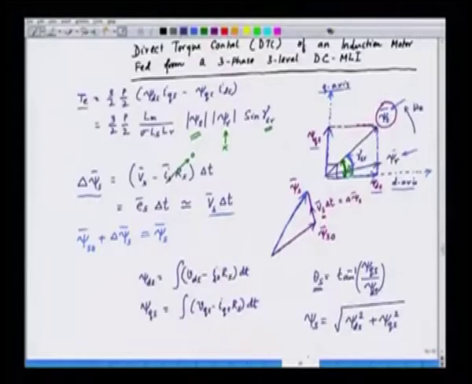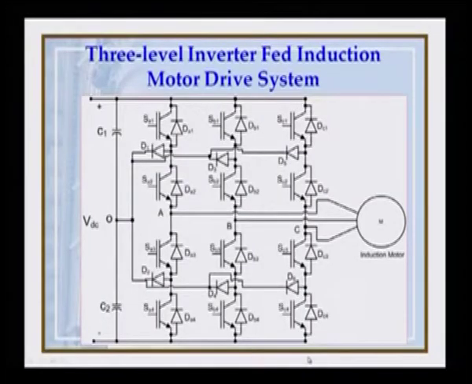So, if we see this in the form of block diagram, this is actually our 3-level inverter. We are feeding an induction motor in this case, and we have 3 different legs here: phase A, phase B and phase C, and these are the various diodes, the feedback diodes and the clamping diodes, and these are clamped to the midpoint of the input voltage, in this case VDC by 2 and VDC by 2, the total being VDC.